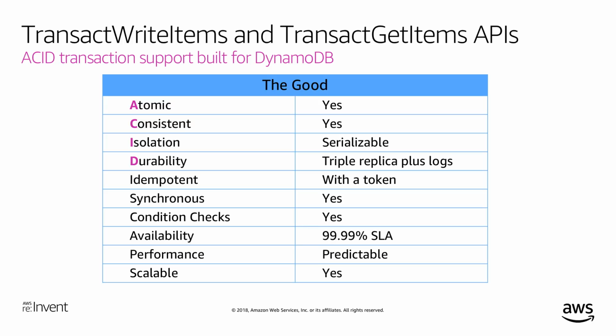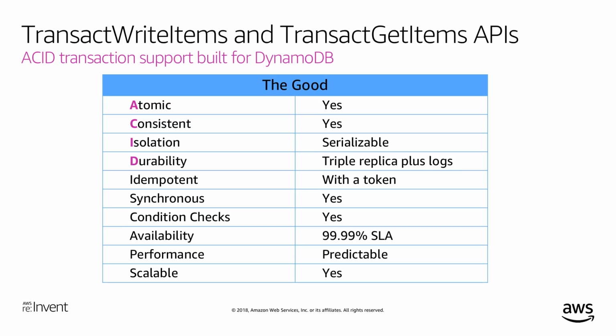These are new API calls that allow you to send multiple items. Right now it's up to 10 items in a single call. So you can write 10 items in a transactionally consistent manner to a single DynamoDB table or across multiple DynamoDB tables.